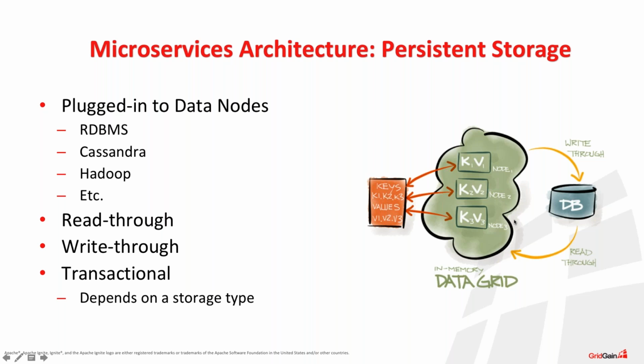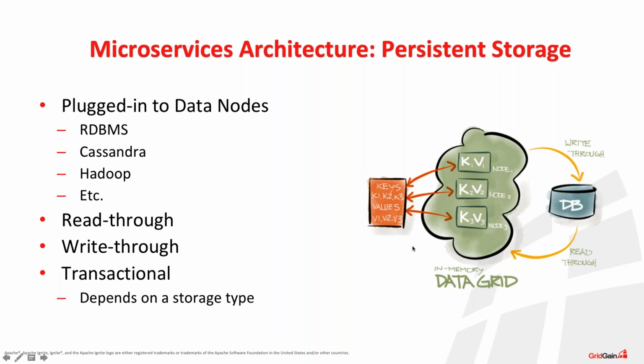In the scenario when your application requests key 3 and v3, and this value is not in memory, then the data grid will automatically go to your database and pick this key and value from there.